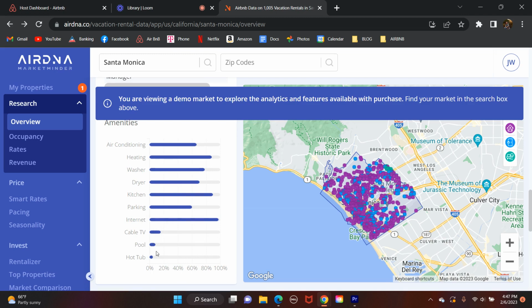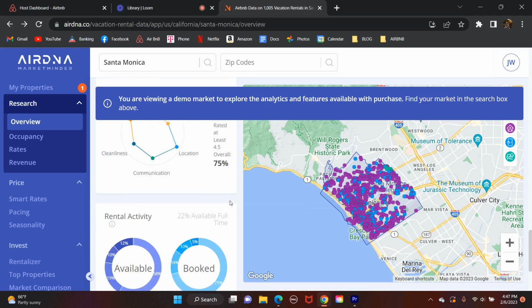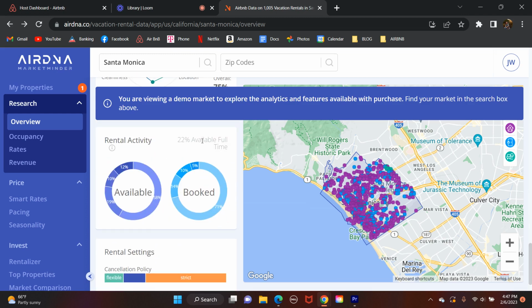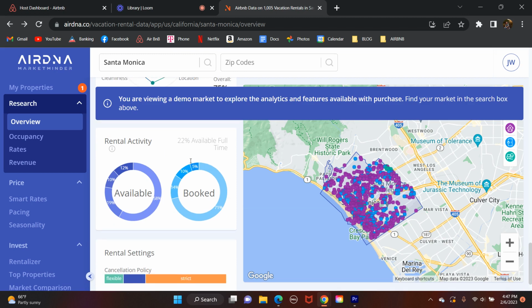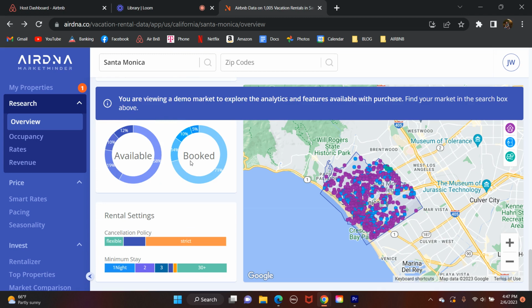So if you have a property with a pool or a hot tub, you're automatically going to be placed in the top 10% of locations. And again, your rental activity here is 22% available full time. That means most of the time, 80% or so, it's going to be booked.